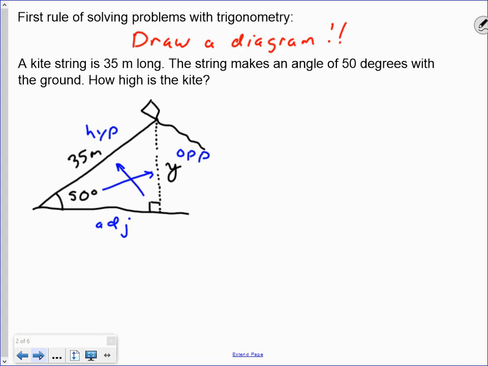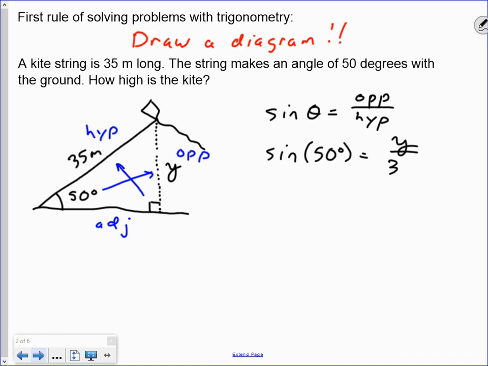So we look on our formula sheet and we look at which of our trig ratios contains the opposite and the hypotenuse at an angle. That's going to be the sine ratio, because sine of an angle is opposite over hypotenuse. Let's fill in our given information here. Sine of 50 degrees is y over 35.